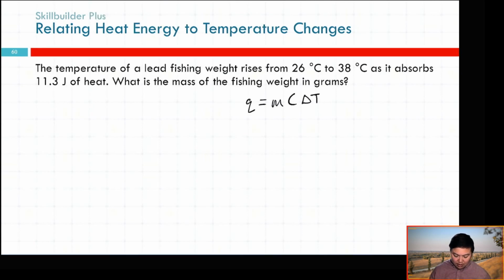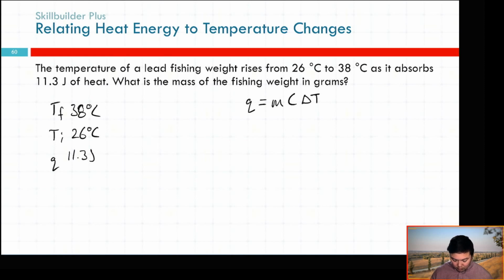And this is, again, algebra is an important skill for chemistry. And we'll write down what we know. T final, 38 degrees C. T initial, 26 degrees C. And we know Q this time, 11.3 joules.